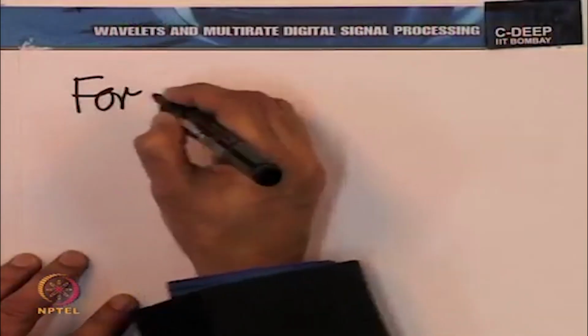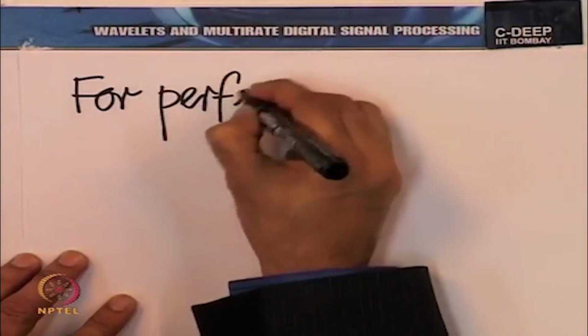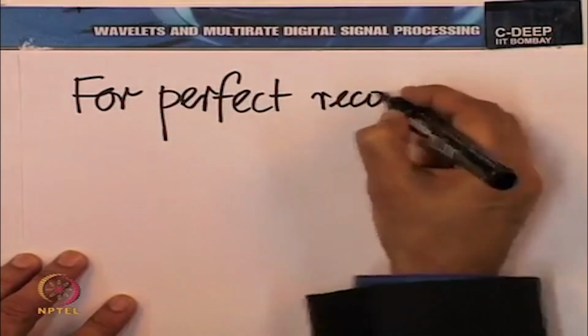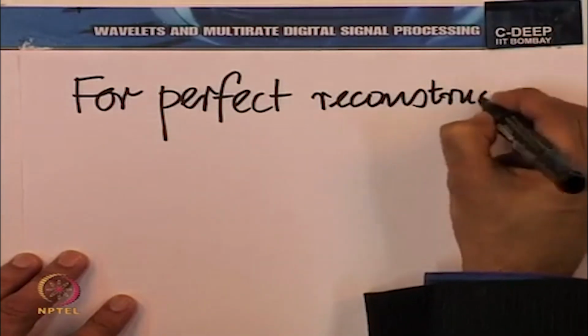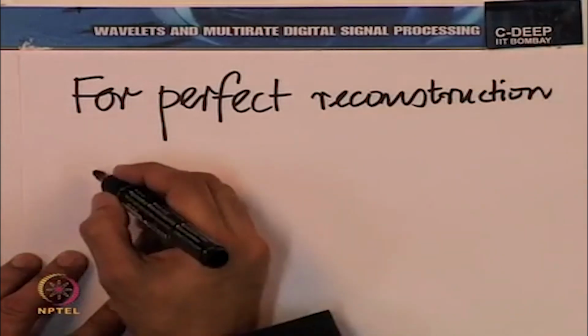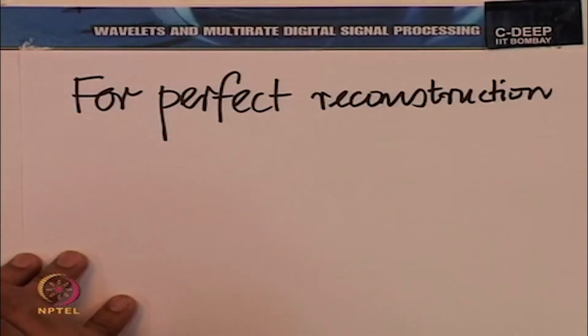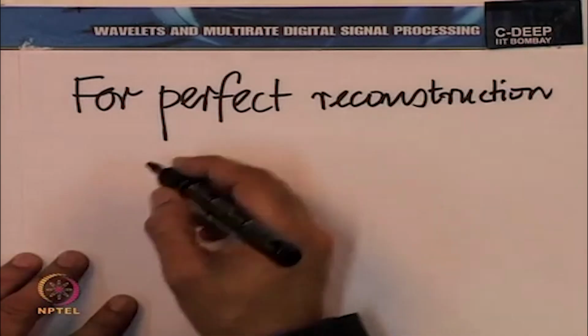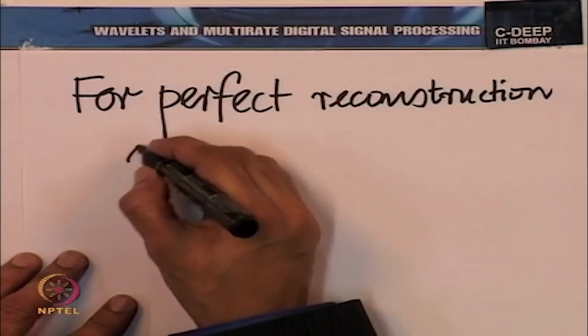And now, we also know what we demand of H0(Z), so that we get perfect reconstruction. Let us look at that condition once again. That condition tells us, and let me write it slightly differently, that for perfect reconstruction, we need some interesting intermediate filter, which we shall define by kappa0(z).